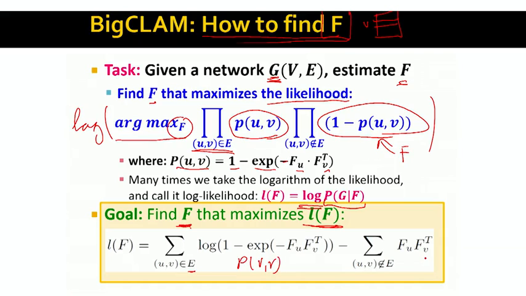And here in the second part, I have the probability of not seeing an edge. What is nice is that the minus ones cancel, so all I'm left with is the product of the two factors. So now we know the optimization problem. Our goal is to find the factor matrix F that maximizes the following log likelihood equation.